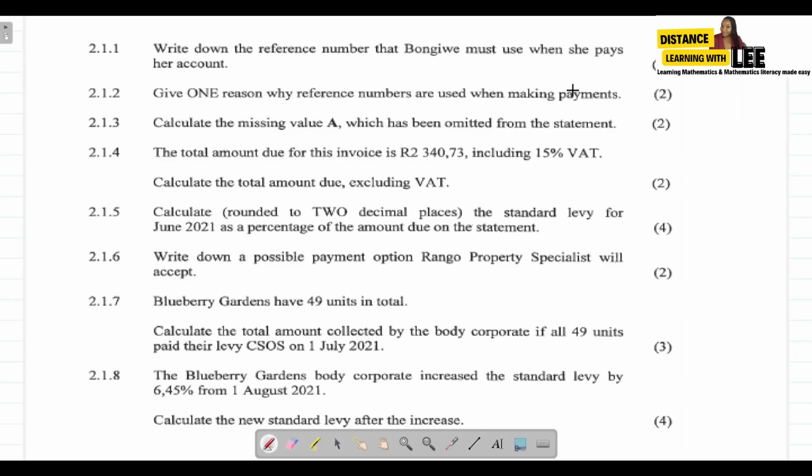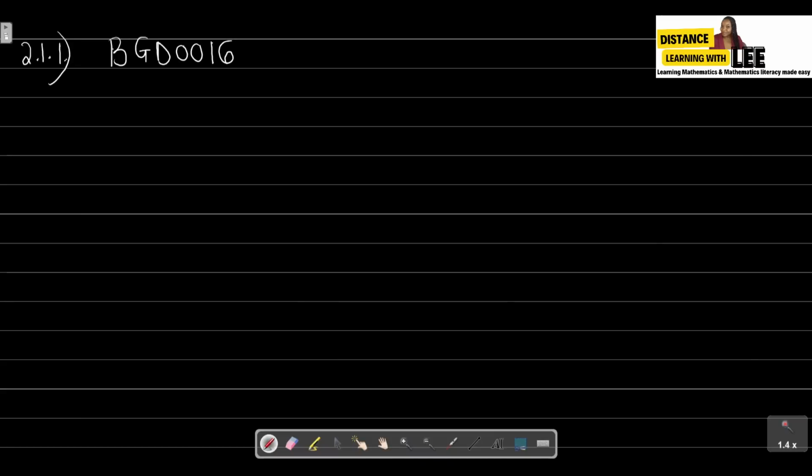You will now have to give proof of payment, and it becomes a long process. Whereas we could have just minimized the admin by giving people our reference numbers to use. Then we know who paid and who didn't pay. Okay, so that is the reason why reference numbers are used, to identify which client has made payments to their accounts.